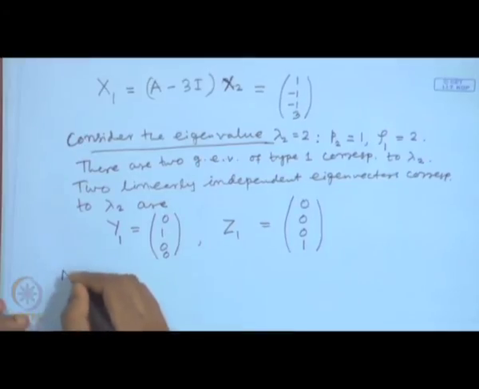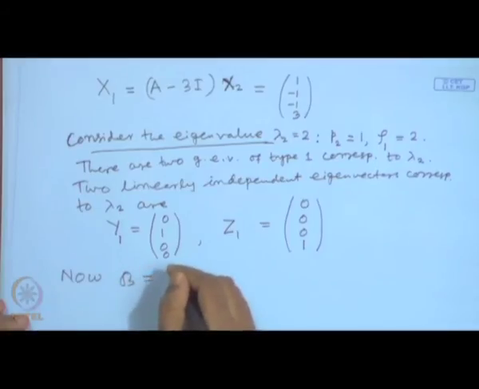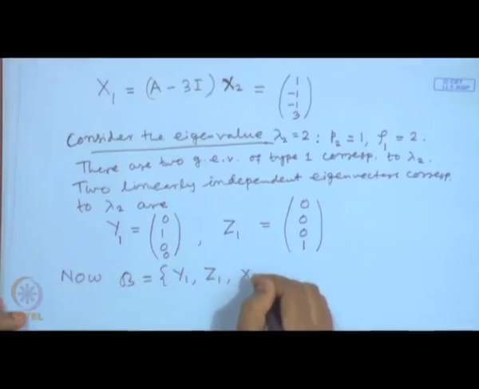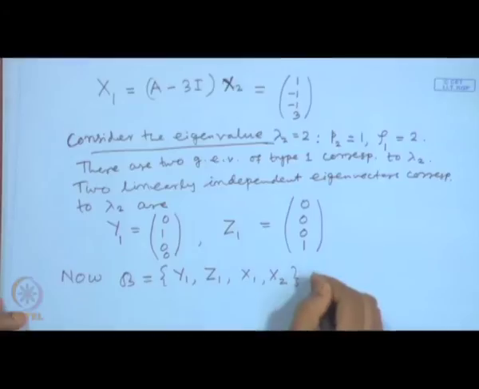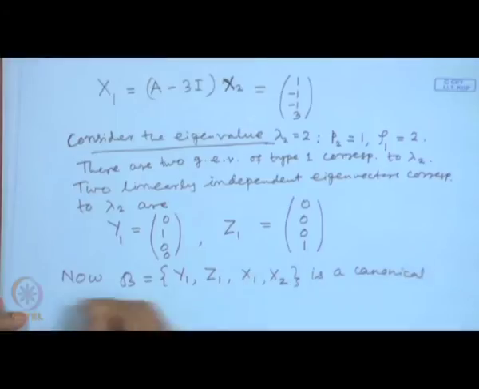So now the canonical basis B consisting of y 1, z 1, x 1, x 2 is a canonical basis for the matrix A. Of course, there may be several canonical bases corresponding to a matrix A.